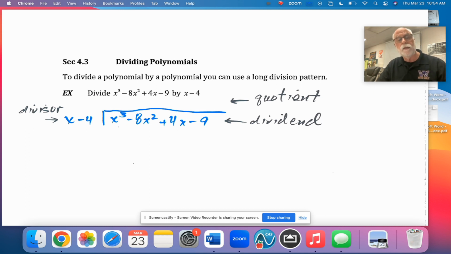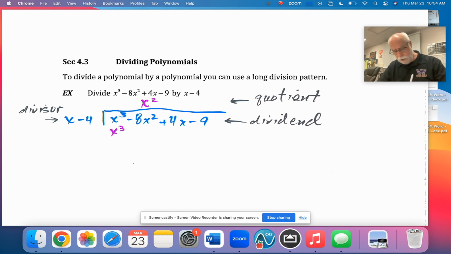Now what I like to do is put whatever the term is above the same exponent that is in the dividend. So we just said x squared, so I'm going to put the x squared there. And then I'm just going to say again, x squared times x gives us x cubed.